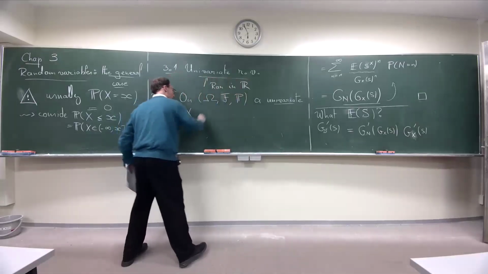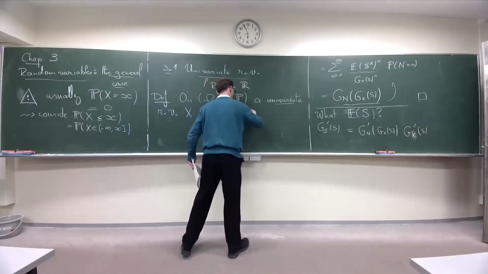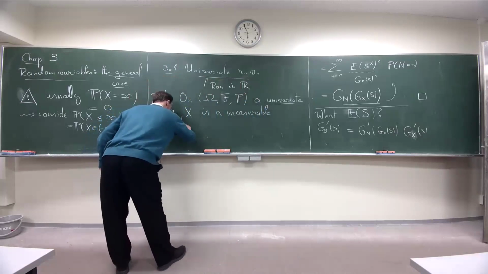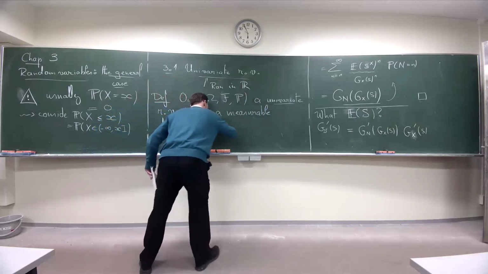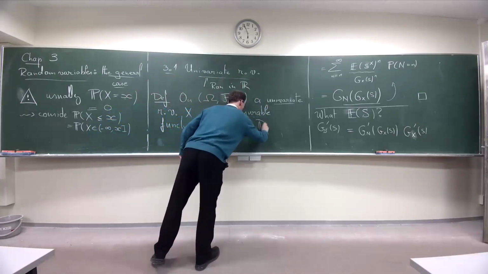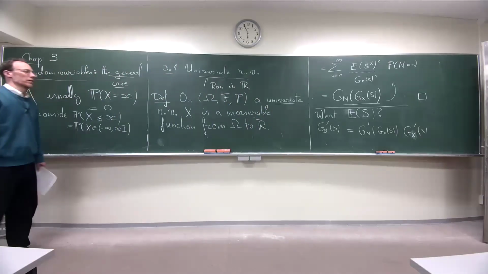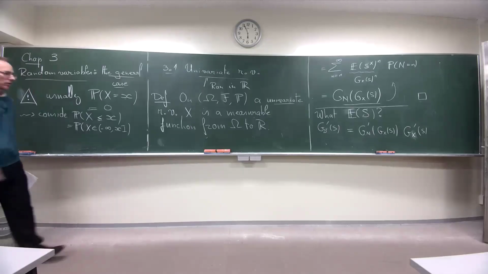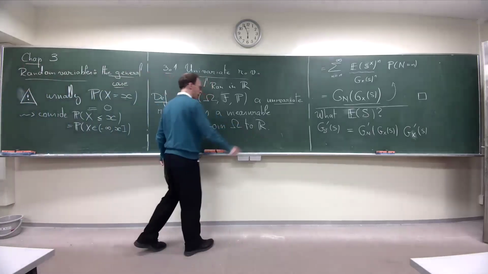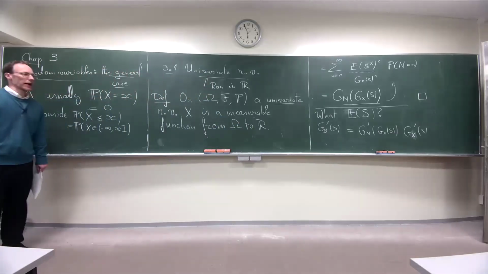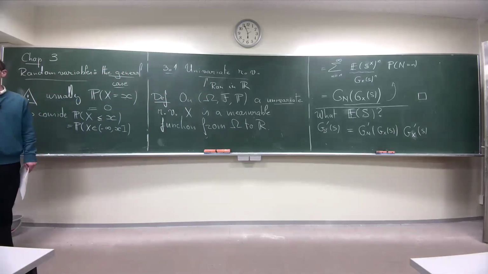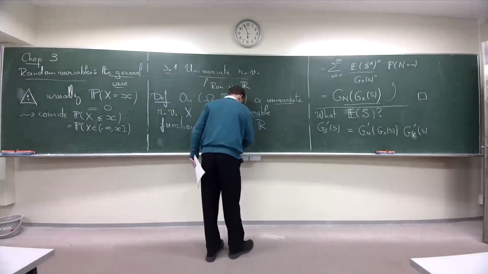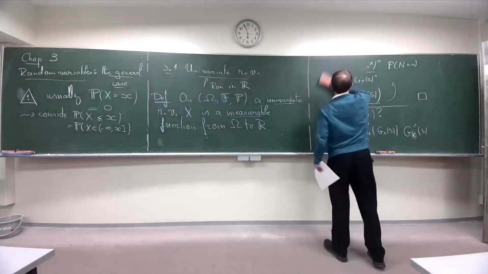It is a measurable function from omega to R. There is one word which is not defined yet, but it means it's going to be one function from omega to R. As before, I don't have any assumption about the range being discrete or countable, but I have this word measurable because I need to say something.